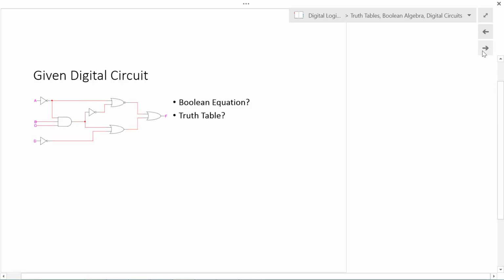So let's start with this digital circuit here. What is the Boolean equation here? Well, F is going to be equal to something. So we have one term here, A prime ANDed with B and C, that's primed.